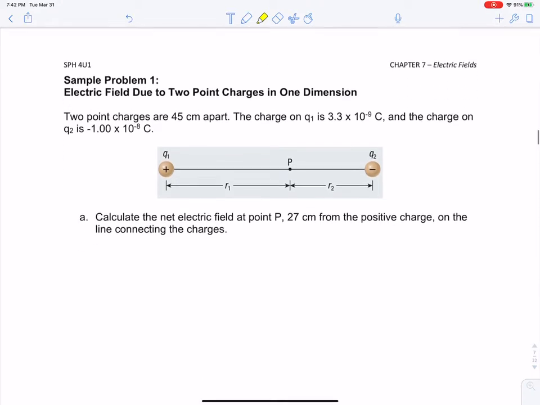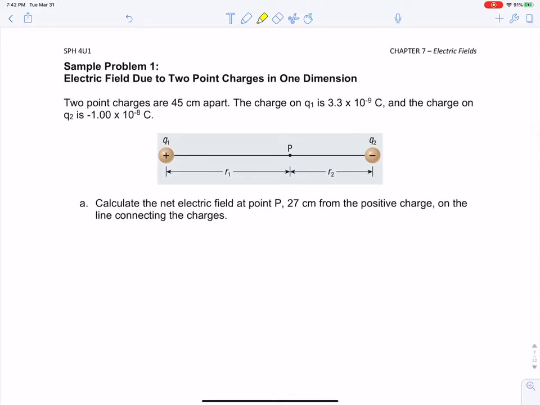Okay, let's try a sample problem. We'll look at an electric field due to 2 point charges in one direction. 2 point charges are 45 centimeters apart. That's the total distance between Q1 and Q2.